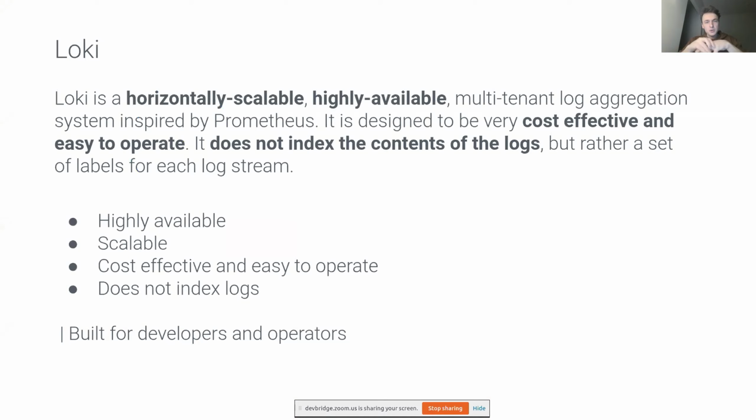If we go to the Loki documentation on the Grafana Labs page, this is the first sentence that they describe themselves with, at least a few months ago when I was preparing this. And I highlighted core concepts which I'm going to go through. For me, it's the best way of explaining how Loki works and why it does what it does.